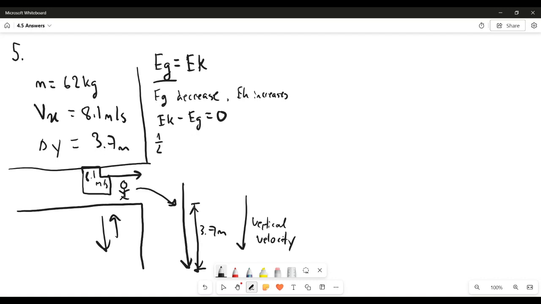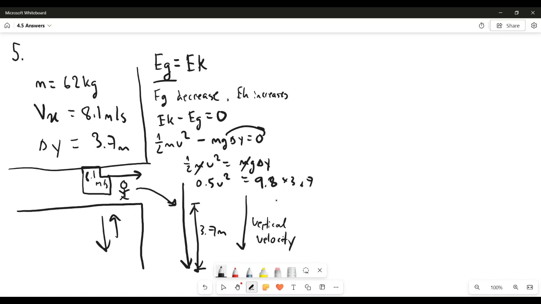And then we could write it like this, which is equal to, sorry, not equal to yet. We're going to bring this to the other side. Cross out the mass. So we're left with 0.5 velocity squared into 9.8 and the height, which is 3.7.